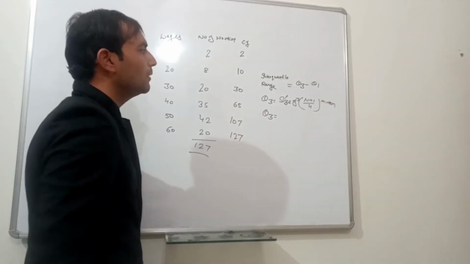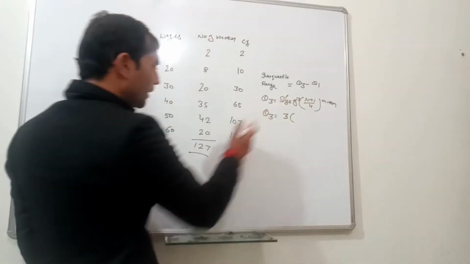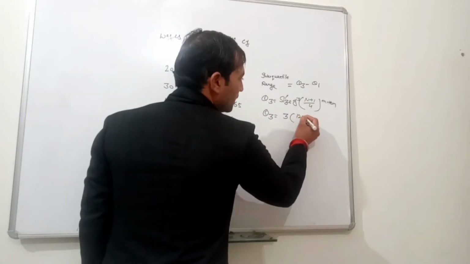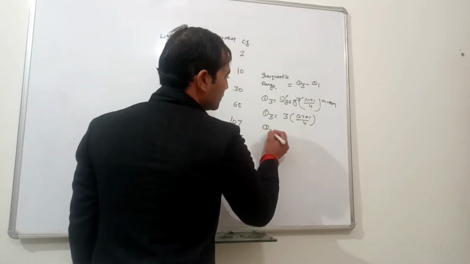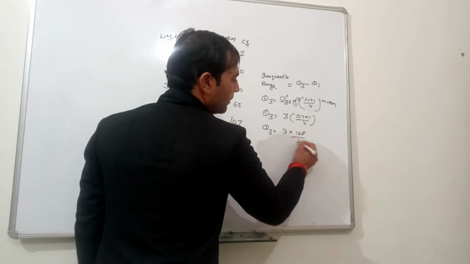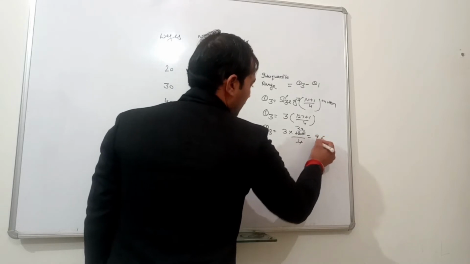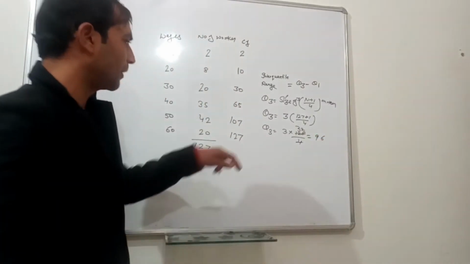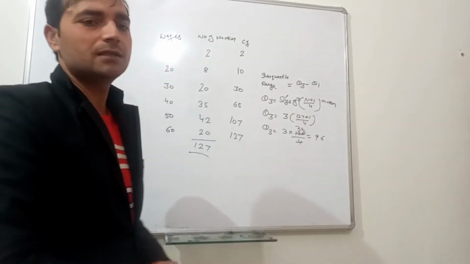Now we put the values in the formula. Here n is equal to 127, plus 1, divided by 4. Quartile 3 is equal to 3 into 128 divided by 4. Here the size of quartile 3 is equal to 96.